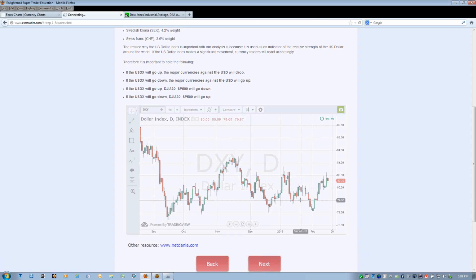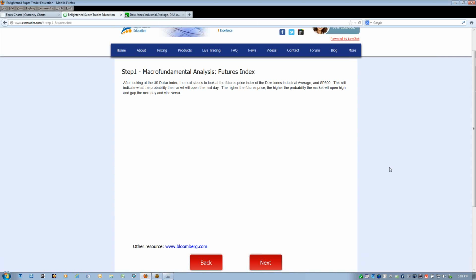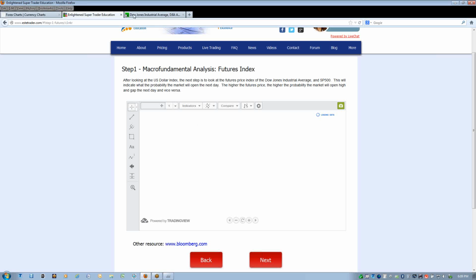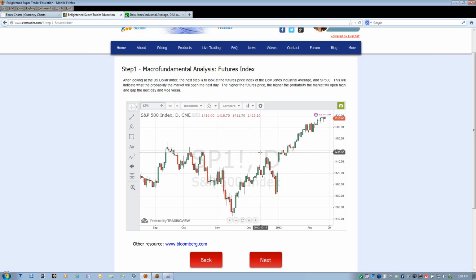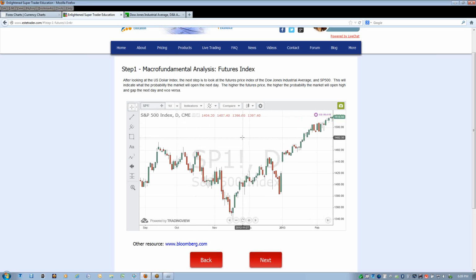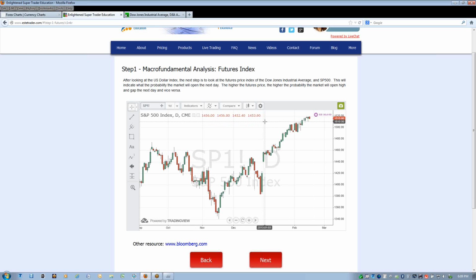Next is the futures index, proudly sponsored by Bloomberg. So the S&P 500. So it's just hit that supply at 1520. Sellers at the moment not really pushing back down anytime quickly. They're just hovering at that point.